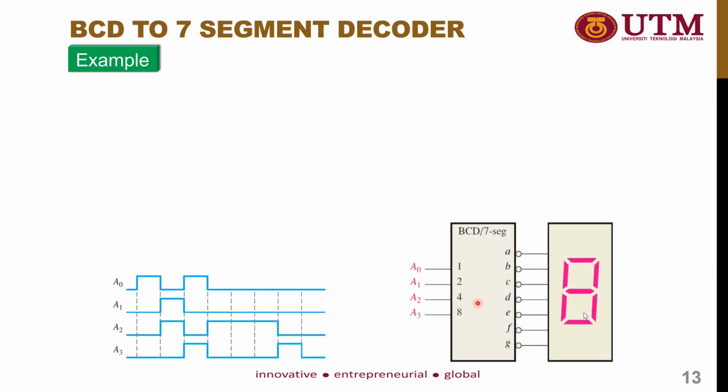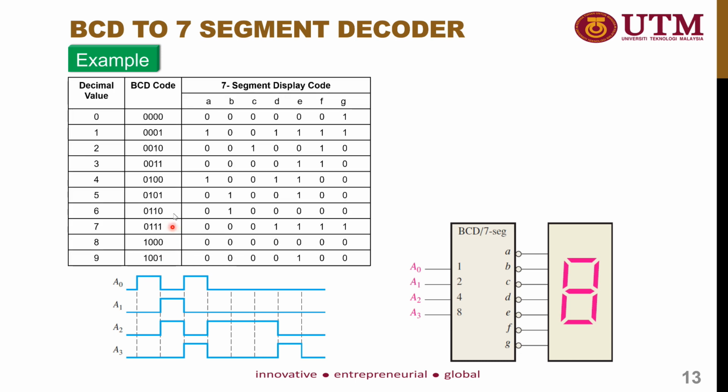In order to determine the sequence, we must know the BCD input which has been connected to the decoder. After we determine the input BCD, we can compare it with the truth table that indicates the 7 segment display output. For the first segment, it shows a number of 1000.